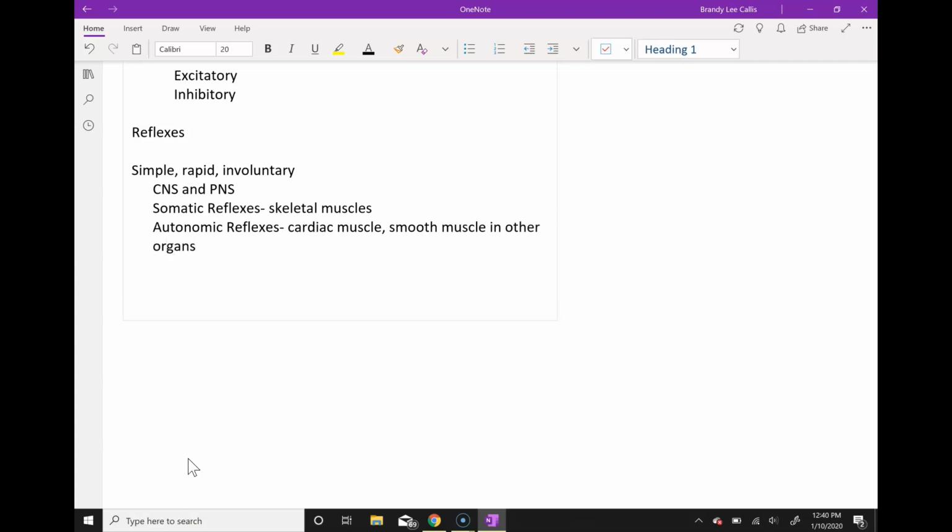So these are the ones that tell your heart to beat all the time. You are not constantly thinking about it. That also tells your stomach, hey, you need to continue digesting, you need to move a little bit to help with that. Digestion, elimination, so pooping or peeing, sweating, and your blood pressure are all activities that are regulated by these autonomic reflexes.